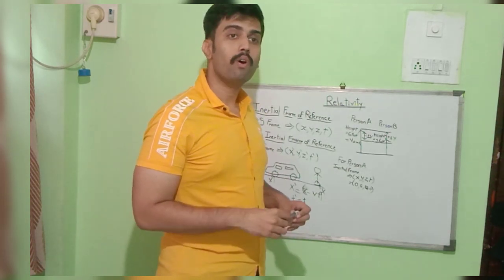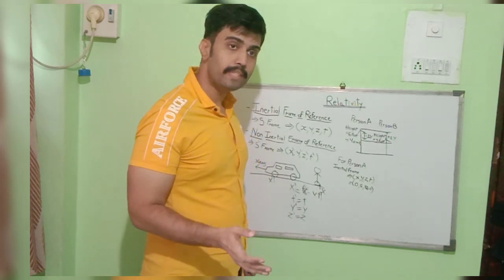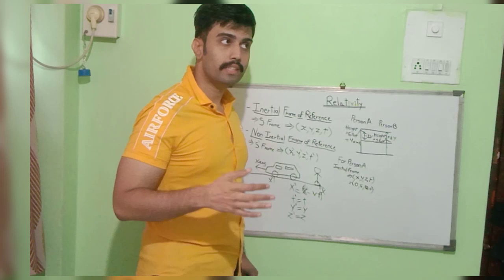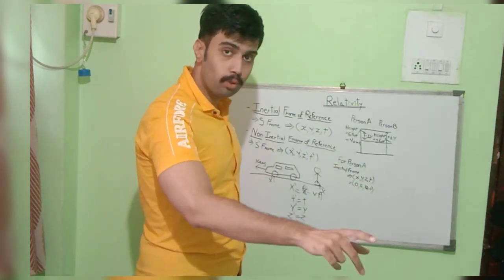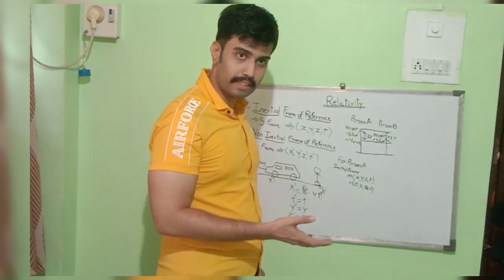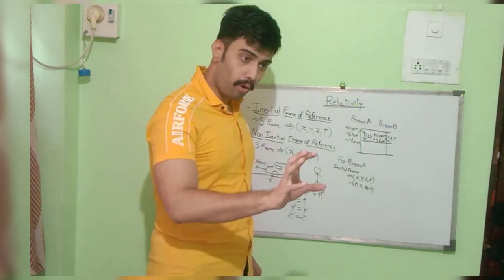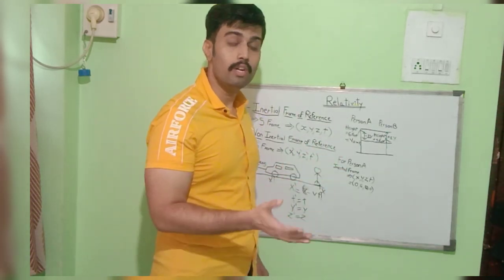Relativity means we want to make a relation between two objects or two situations. As I told you, if you are sitting inside a classroom, for some people the classroom will be hot, because their body temperature is less than the room temperature, so they feel hot.